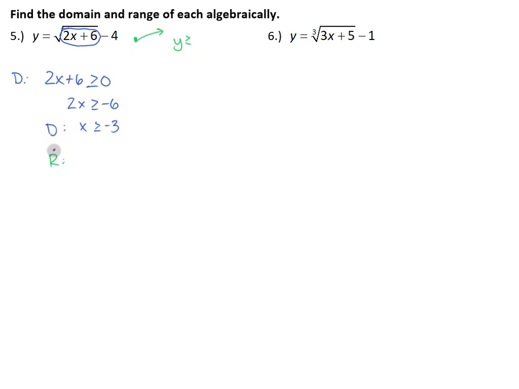Now here I can see that it is going to be -4. Again, you can always test this by plugging in the smallest value of x. This is -6 plus 6. Oops, that -4 is outside the radical. Apologies there. And of course, you'll quickly realize that the radical is just going to end up being the square root of 0, right? And so there's our range.